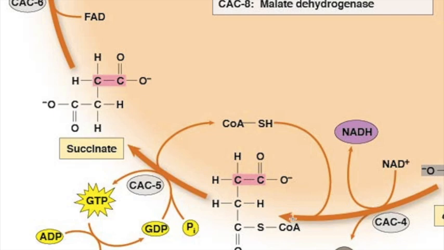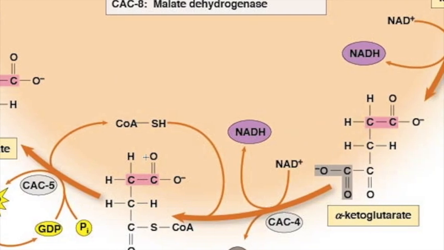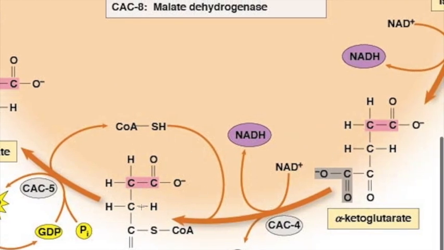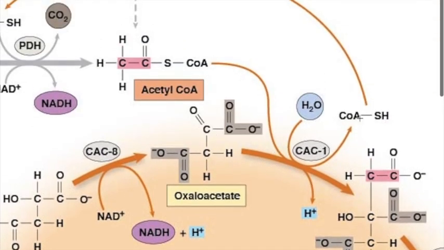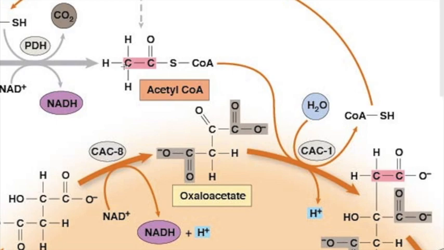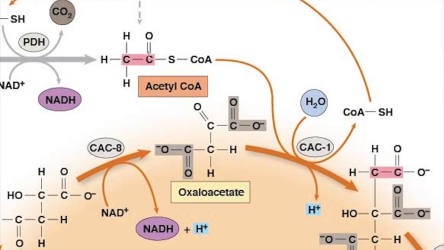Okay, and then again, this coenzyme A can be recycled and can grab another alpha ketoglutarate, bring it back in, form succinyl-CoA, make another GTP molecule, or of course that coenzyme A can be used up here as well to form another acetyl-CoA from pyruvate.